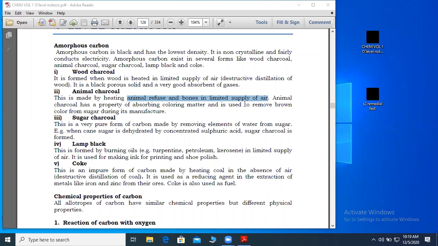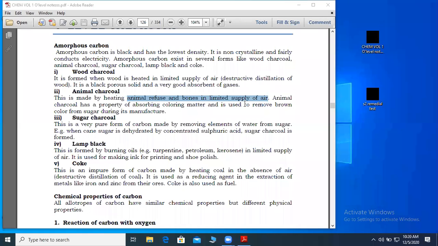If you are very observant, there is white sugar, and then there is this sugar which has a yellow color. That sugar with the yellow color is not very pure. And I think that's what most of you take at home. The white sugar is obtained by using animal charcoal.